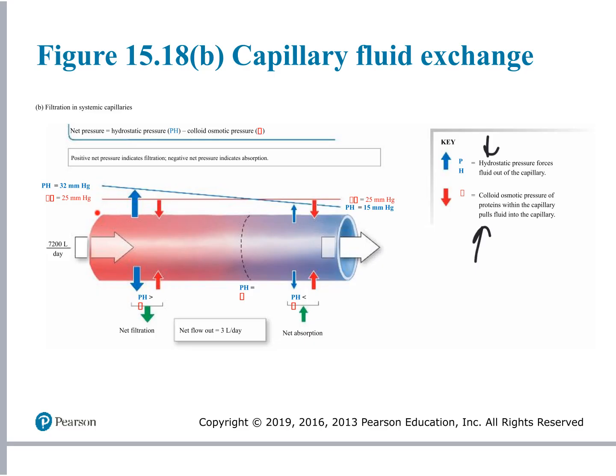When we start at the arterial end of the capillary bed, hydrostatic pressure is at 32 millimeters of mercury. The exact number does not matter, but the concept does. If it starts at 32 at the arterial end, as it loses fluid to the tissues outside of the capillary, the pressure gets lower and lower and lower. So filtration pressure starts higher at the arterial end, and then by the time we get to the venular end, it's a lot lower, ending at around 15 millimeters of mercury.